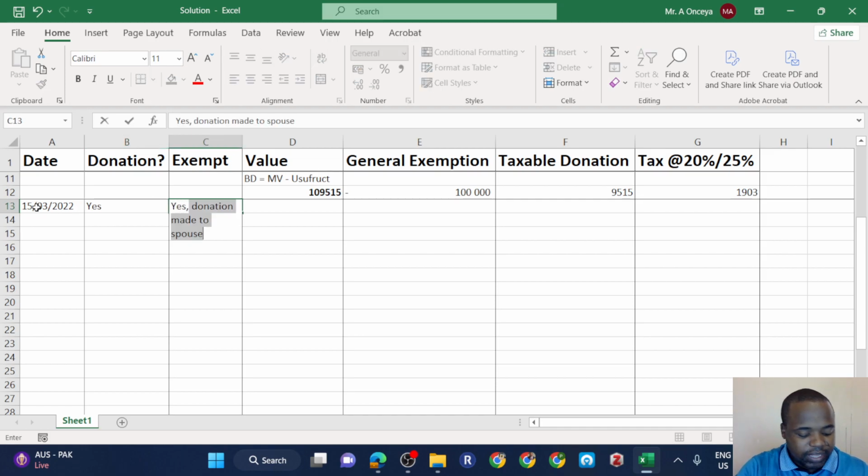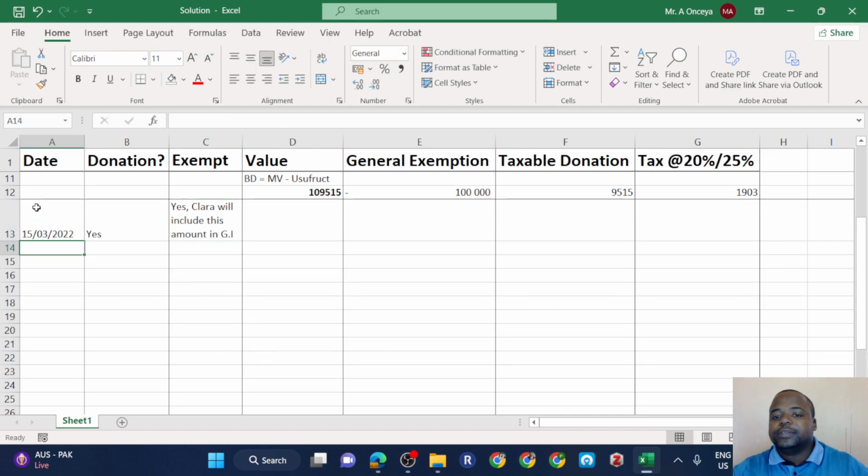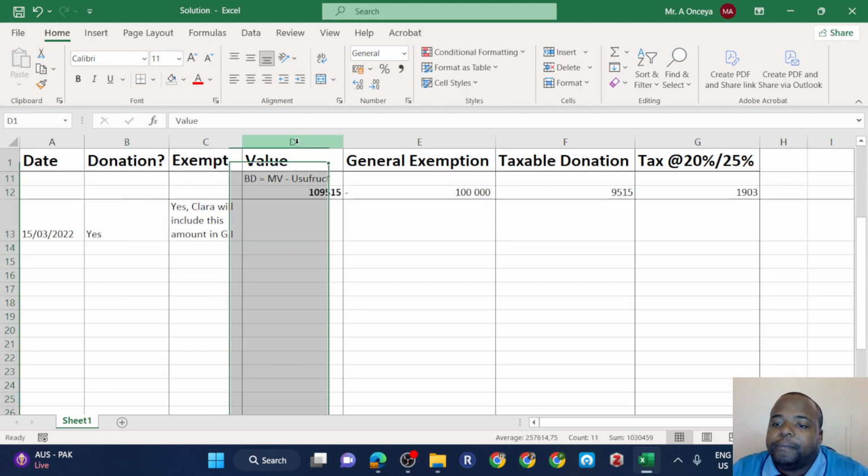Is it exempt? Yes, it is exempt, because Clara will include this amount in gross income because she got it for rendering services, right? And you stop right here. You don't continue, you stop here.